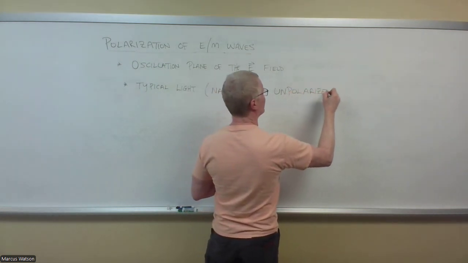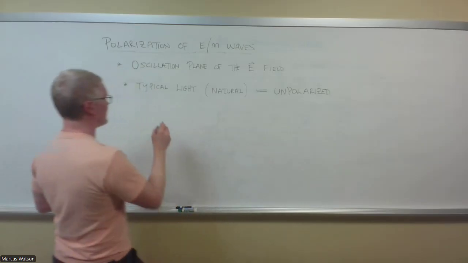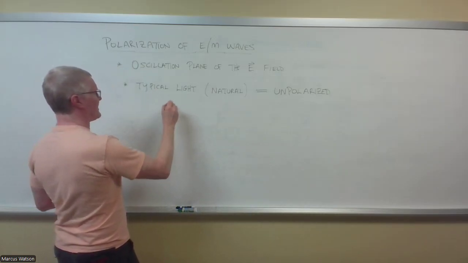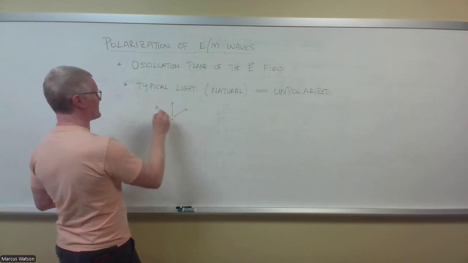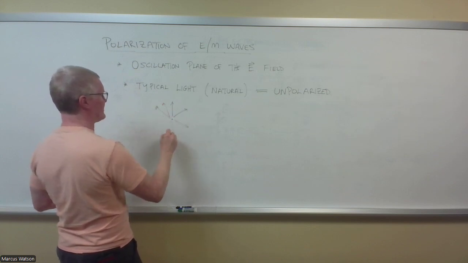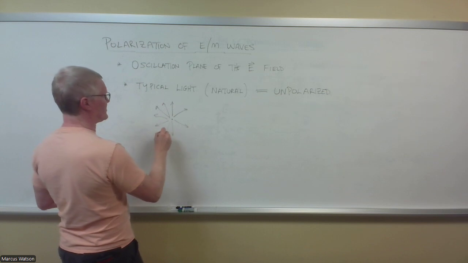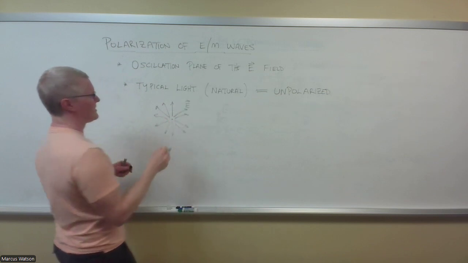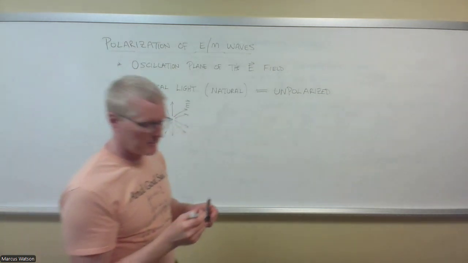And what that means, in a diagram, is that the electric field vector is just going all over the place. I run into E fields which are just randomly oriented.